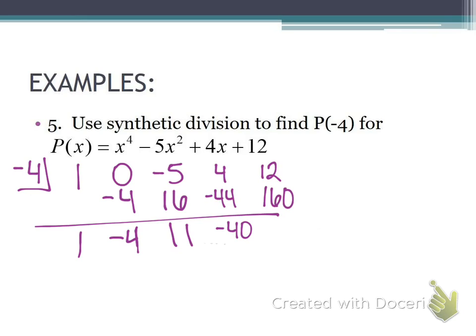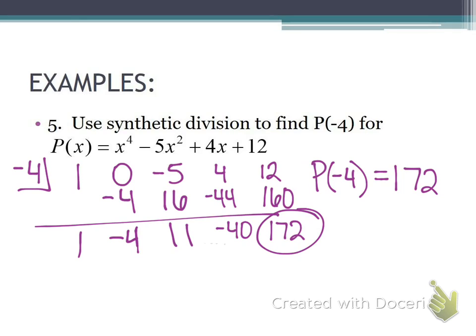We get 160. And then add that to 12. We get 172. So what that means is that p evaluated at negative 4 is equal to 172, that remainder.